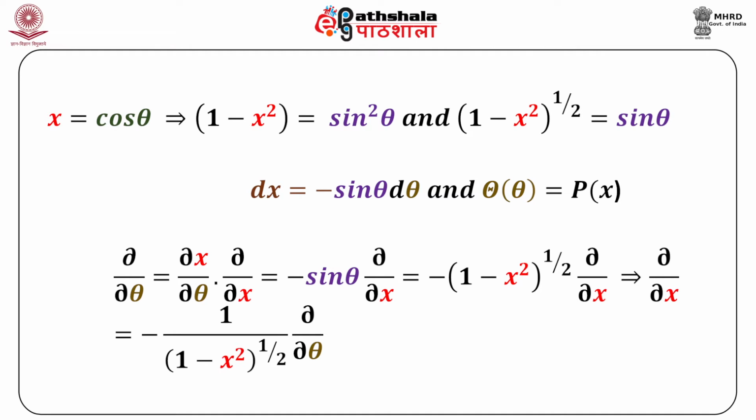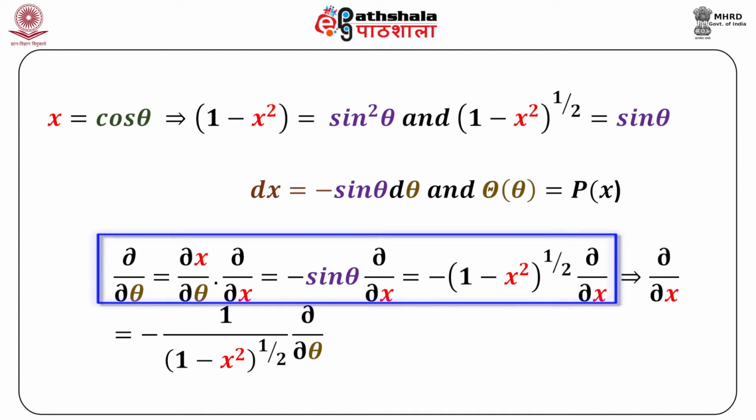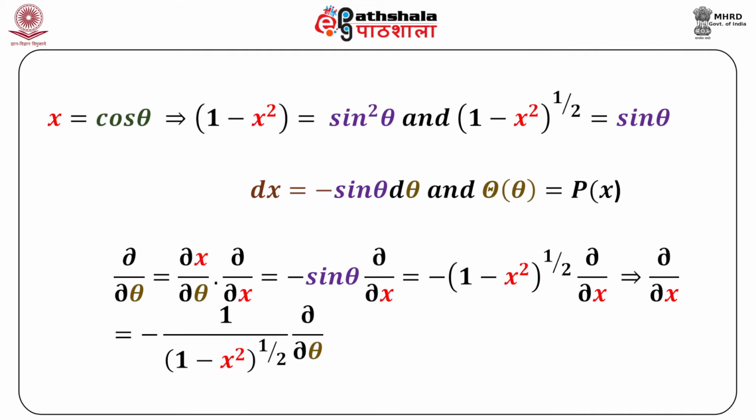And then wherever we have to substitute del by del theta, this can be written as del by del theta equals del x by del theta multiplied by del by del x. On simplification this gives minus sine theta del by del x, which equals minus square root of 1 minus x squared del by del x.